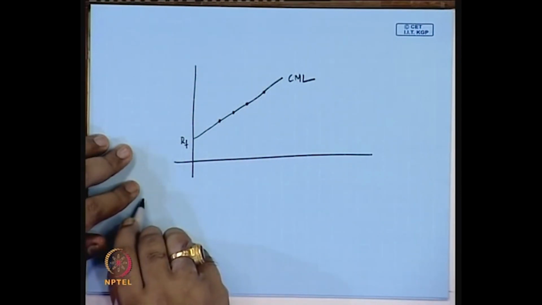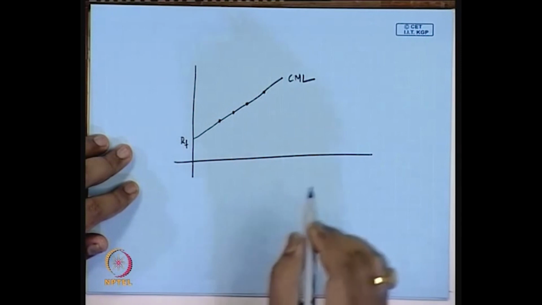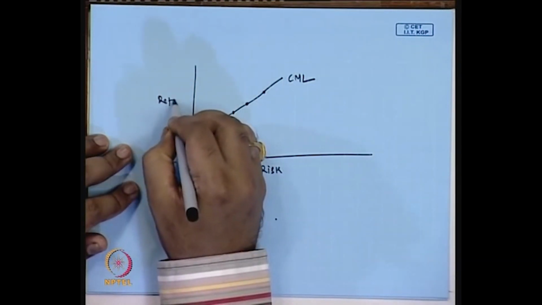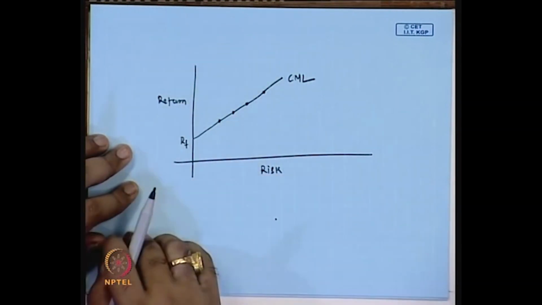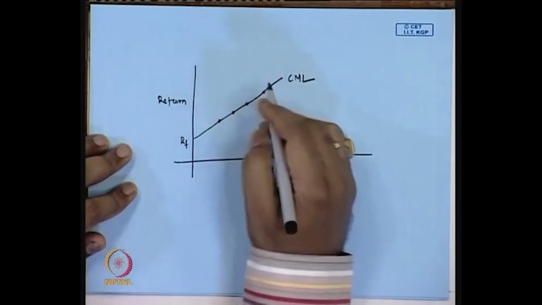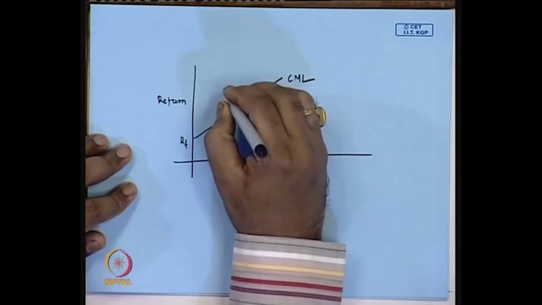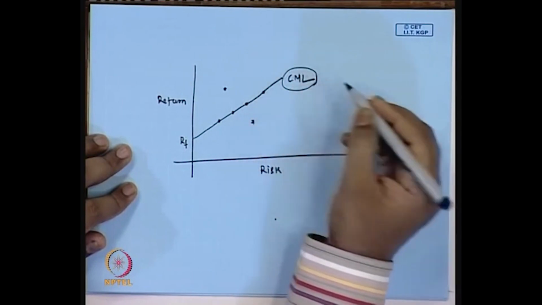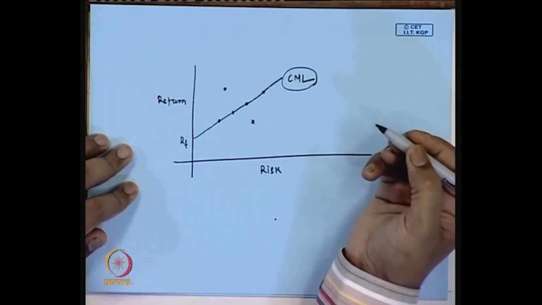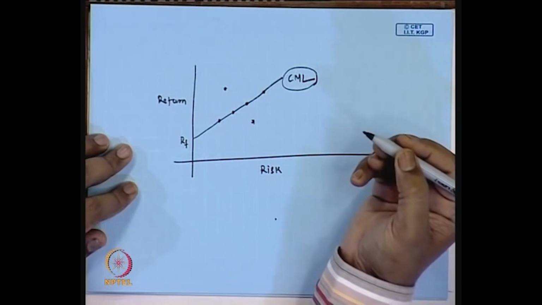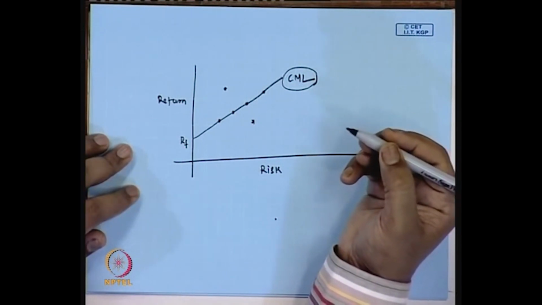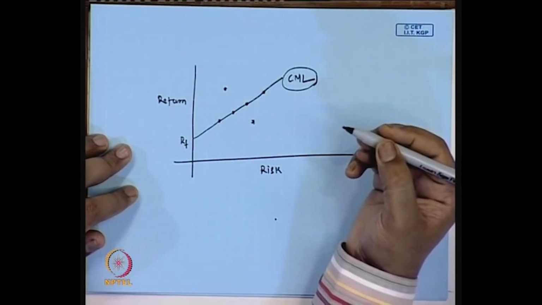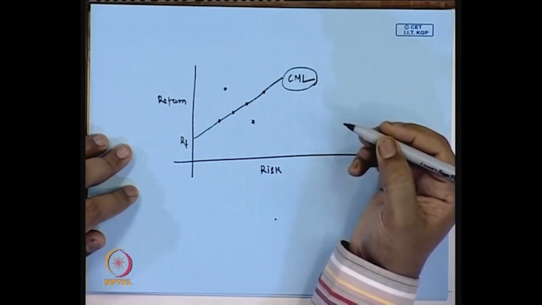Here this is your risk and this is your return, and using the capital market line we can see which one is overvalued and which one is undervalued. Therefore, the capital market line is the reference point to evaluate the fund performance of a portfolio consisting of equities only.